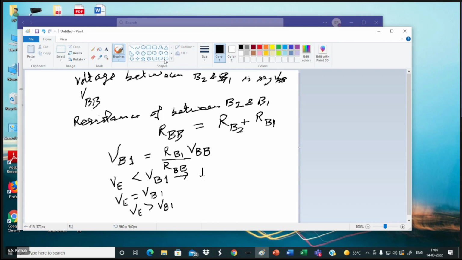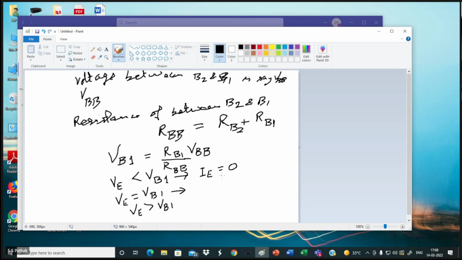Okay, so here what happens? How much current will be flowing through the junction? IE equal to 0. No IE will be there. IE becomes 0. And how much current is flowing through the device? VBB by RBB. VBB divided by RBB is the current flowing through the device. Now VE becomes equal to VB1.